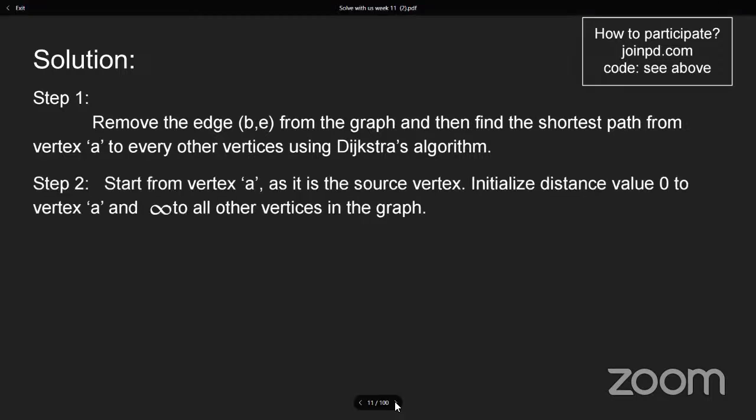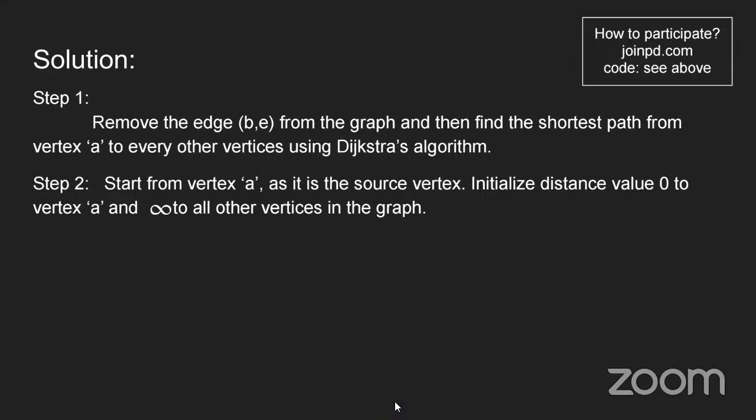Start with vertex A as the source vertex and initialize its distance value to zero. As you have seen in the Dijkstra algorithm, when you initialize the algorithm at the start, we don't know the distances yet. That's why we give the other vertices an infinite value and the source vertex zero. That is the starting point.